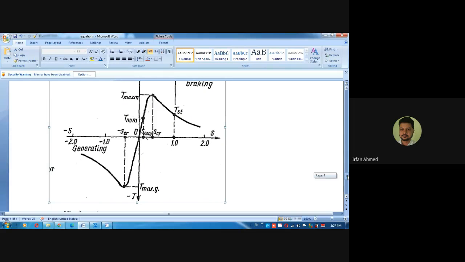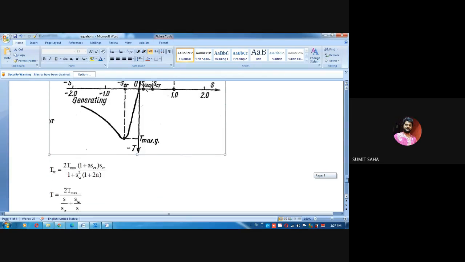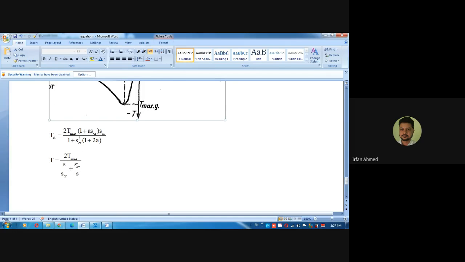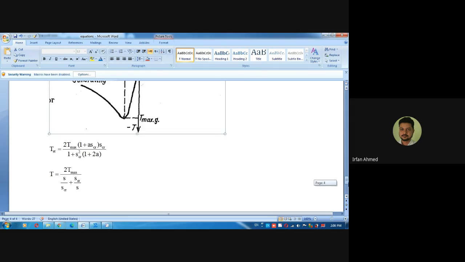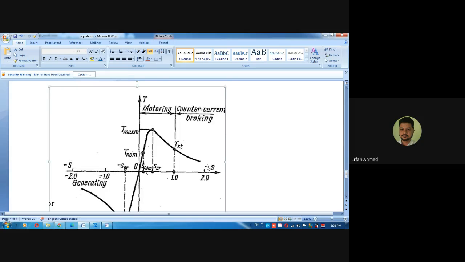Okay? For higher values of slip, we can neglect the term SCR by S. This can be approximated as 0. In that case, torque is equal to 2 Tmax into SCR divided by S. 2 Tmax SCR is constant, so torque is proportional to 1 by S. So for higher values of slip, the torque slip characteristic becomes a hyperbolic function, as you can see here.